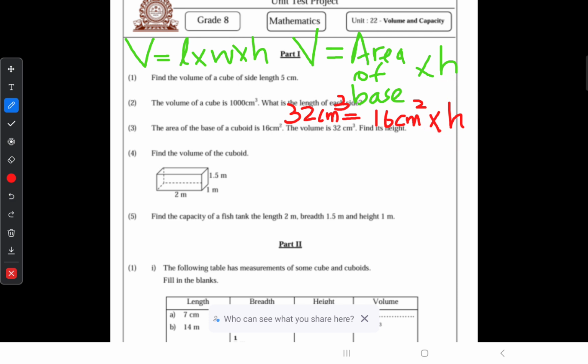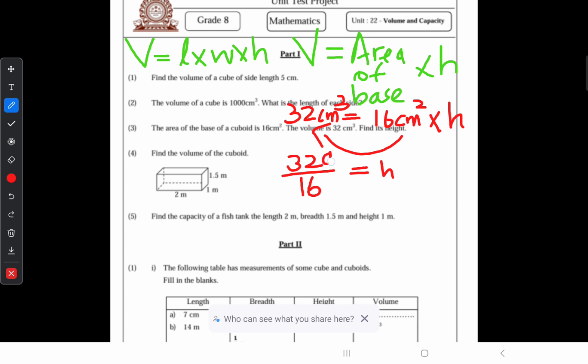Here we have to find the magnitude of height. Height and this 16 square centimeters are in a multiplication relationship. To oppose that, you have to divide. You have to keep this number as a division on the opposite side. So 32 divided by 16 will give you the exact h value.